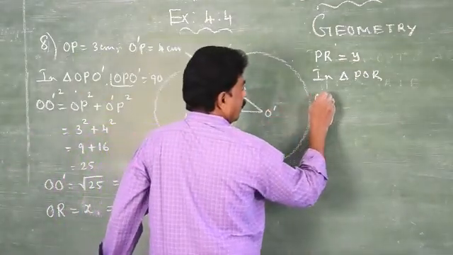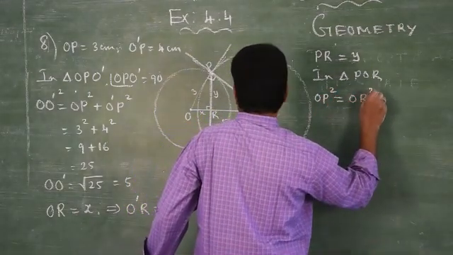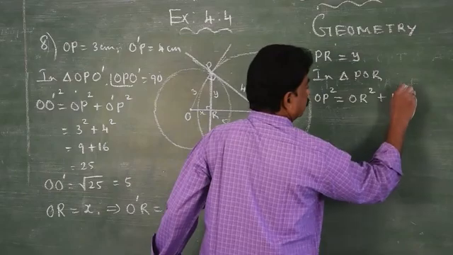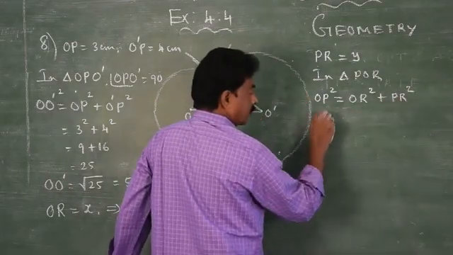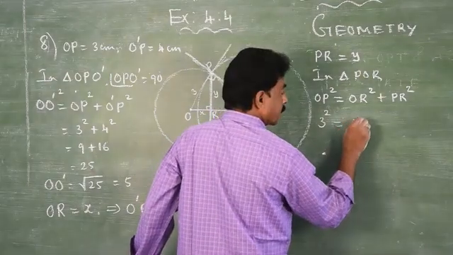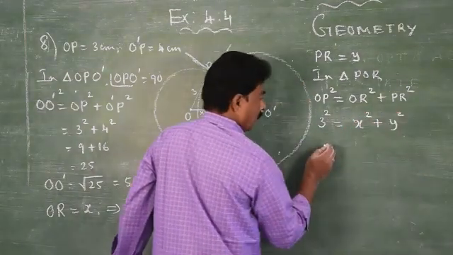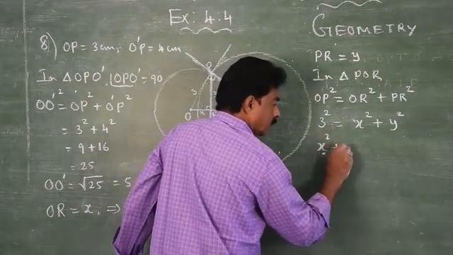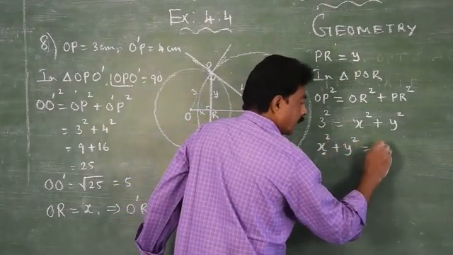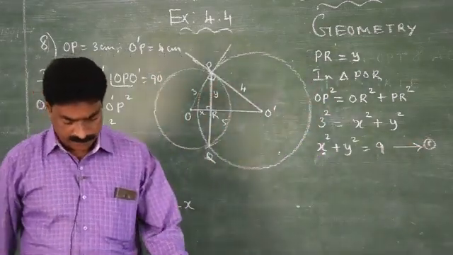So OP square is equal to OR square plus PR square. OP is 3, so 3 square is equal to x square plus y square. So x square plus y square is equal to 9.